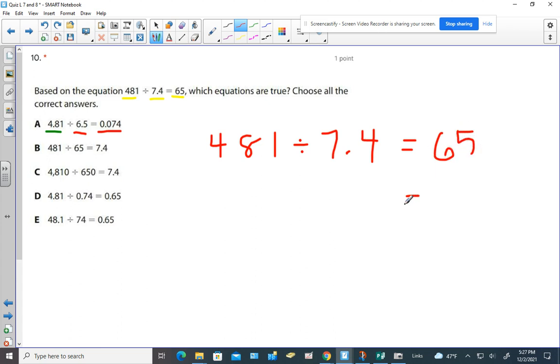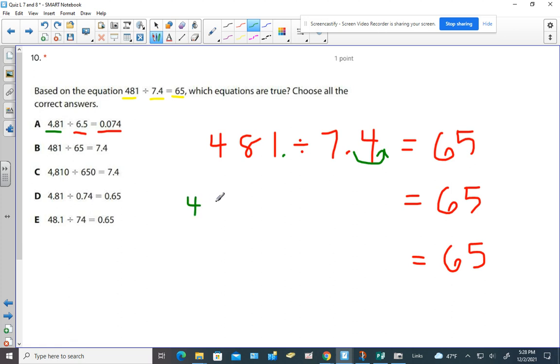In class we talked about how if you move the decimal the same number of positions in both numbers, it would not affect the quotient. So if we move this decimal over 1 to the right, wouldn't that mean we'd have to move this decimal over 1 to the right?